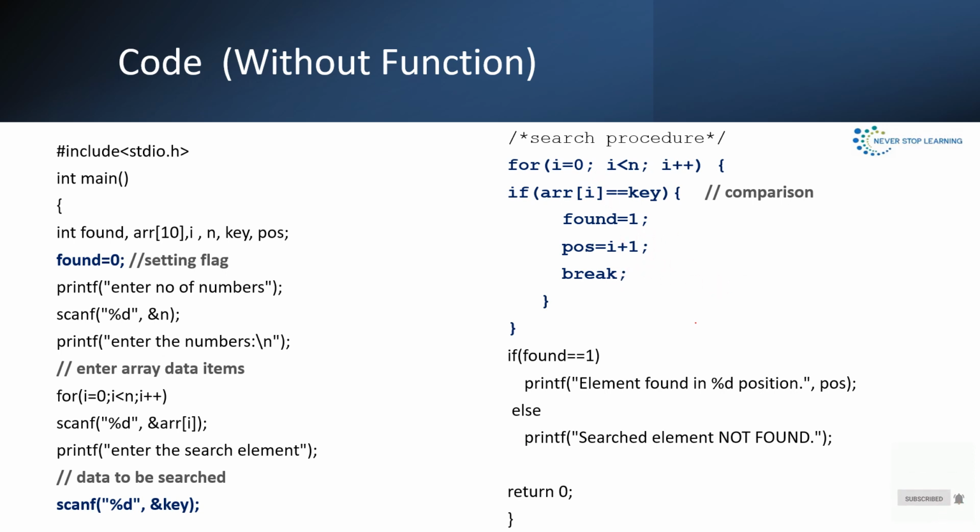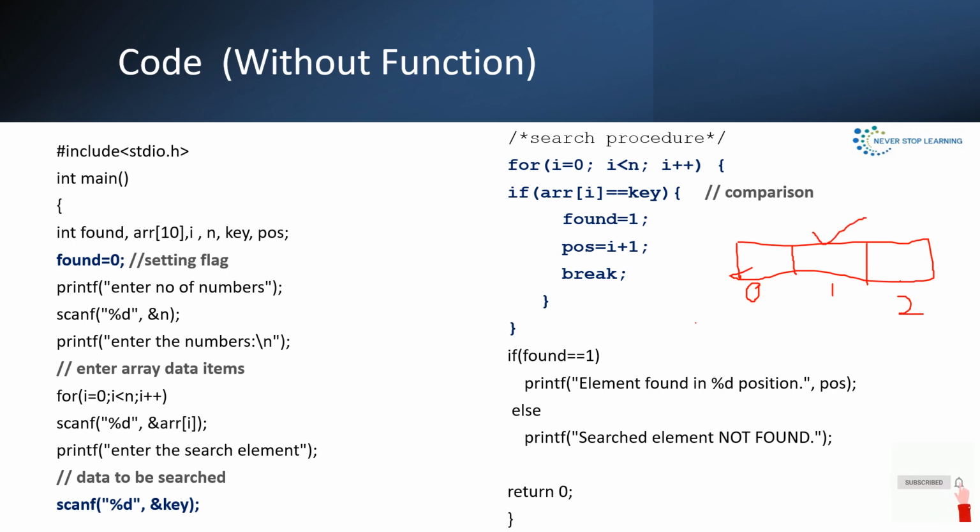So for example, let us suppose I have an array with 3 elements only. That means a of 0, a of 1, a of 2, 3 elements. And let us suppose the element which I was looking for is present here.